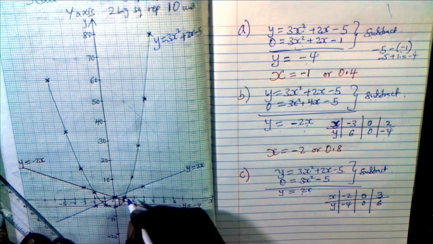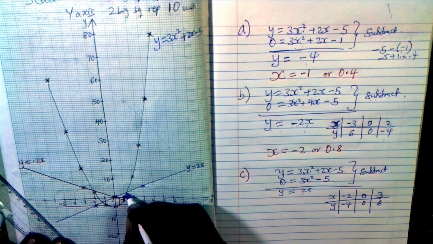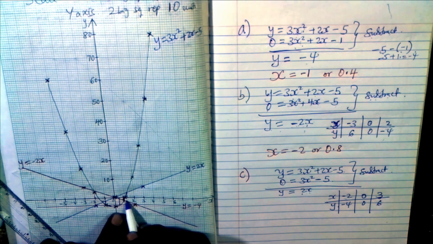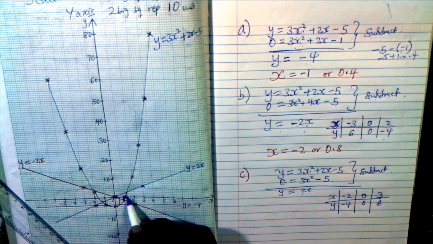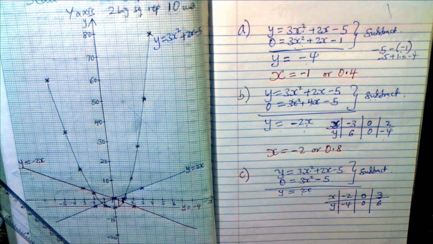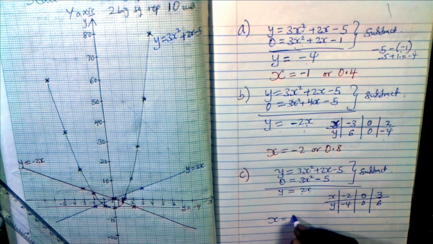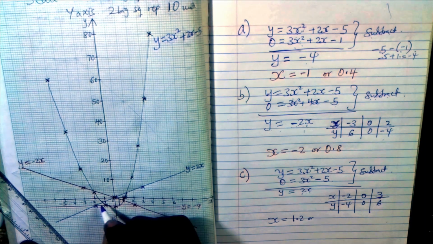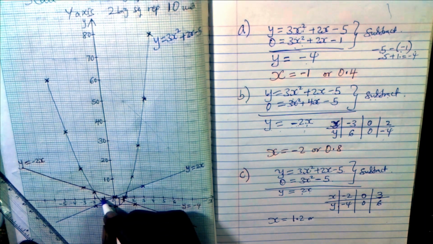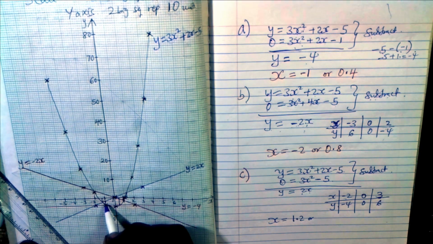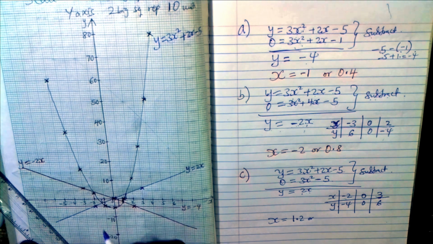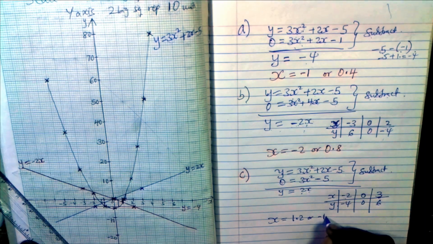Again, where it cuts the curve, we read off that value. Here it is 1.2, so x is 1.2, or the other value where it cuts, since it's at this point between, that will be minus 1.3.